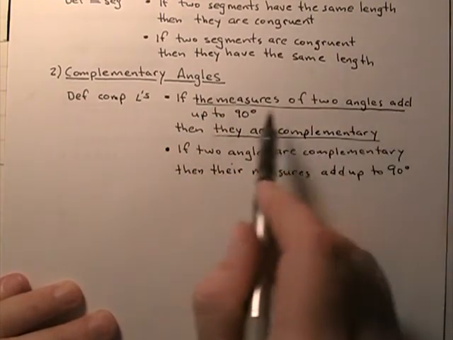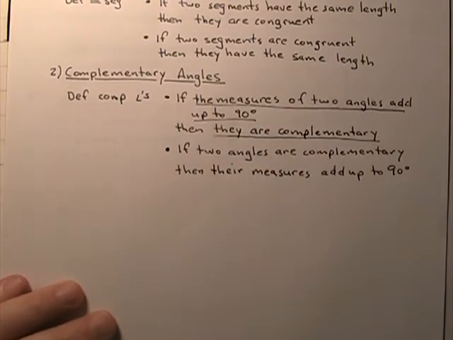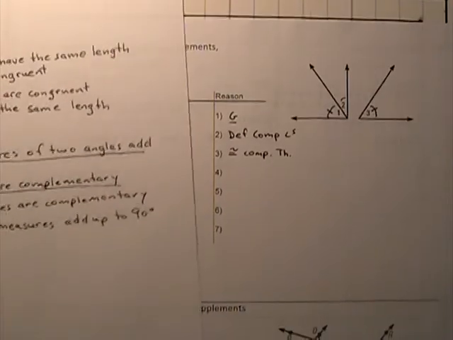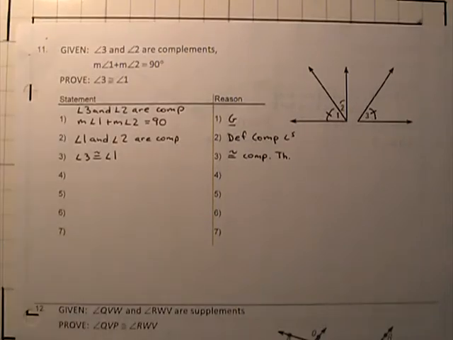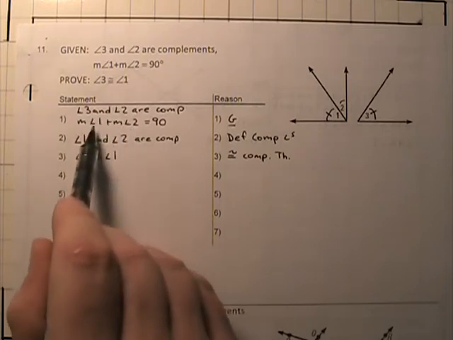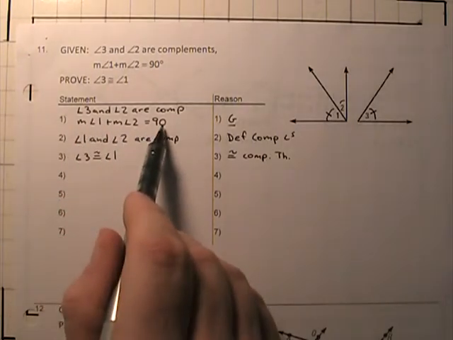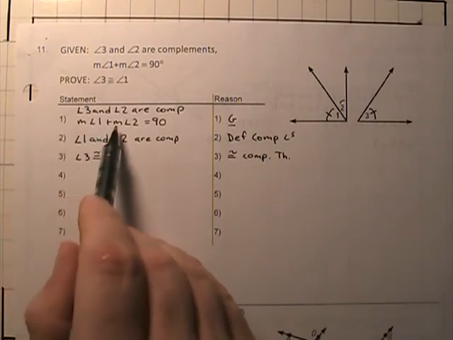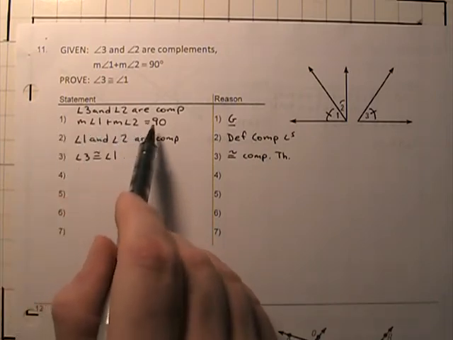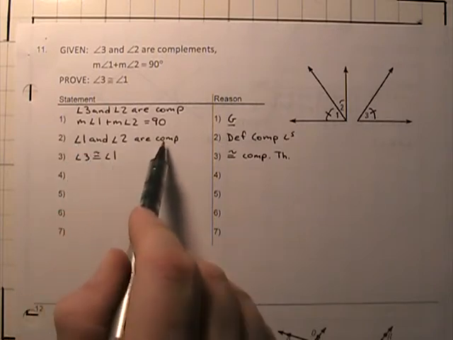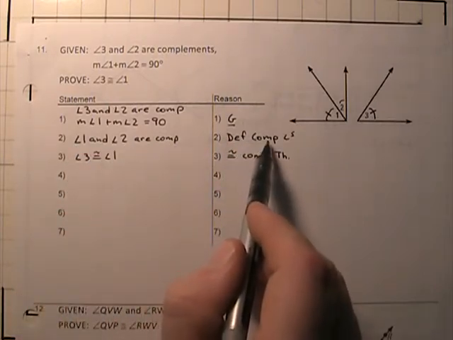Remember, it has to be listed somewhere in a previous step or explicitly shown on the diagram. So basically, I look up here above this line and I see two measures of angles that add up to be 90. Okay, so if the measure of angle 1 and the measure of angle 2 add up to 90, then I can conclude angle 1 and angle 2 are complements because of the definition of complementary angles.